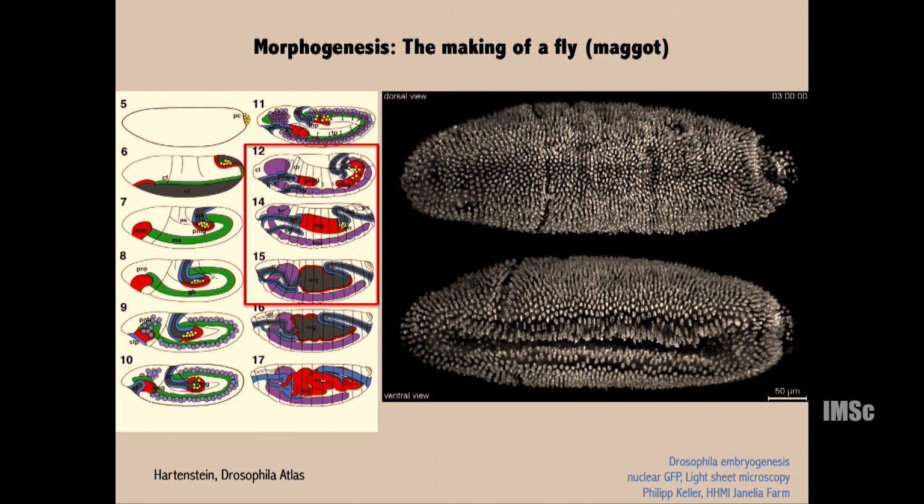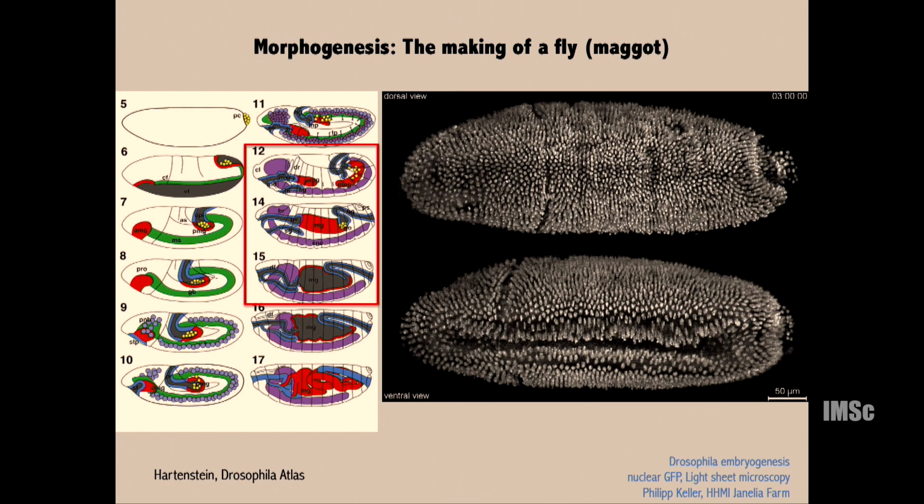And then in the lectures tomorrow, I'm just going to focus on how you can sculpt a fly embryo into its shape by focusing on tissue scale processes that we in the lab have been interested in understanding.